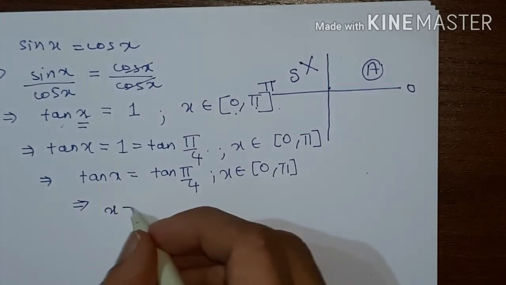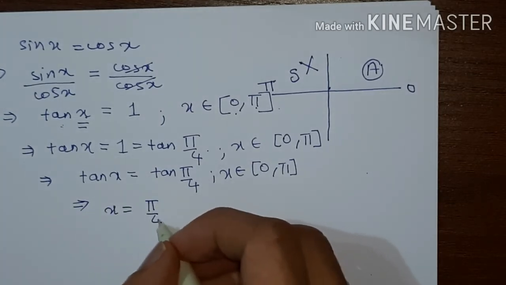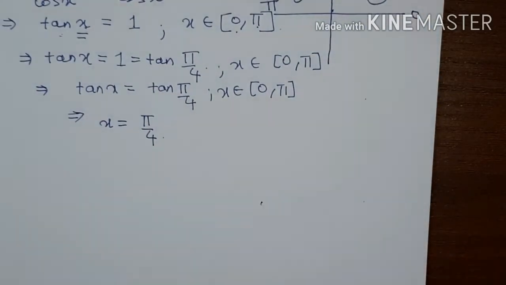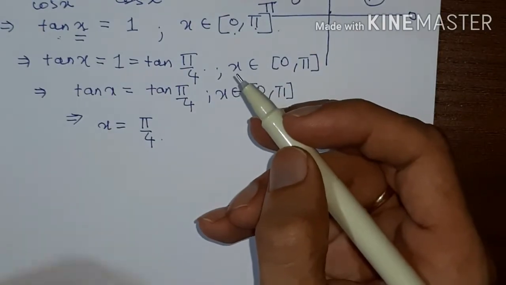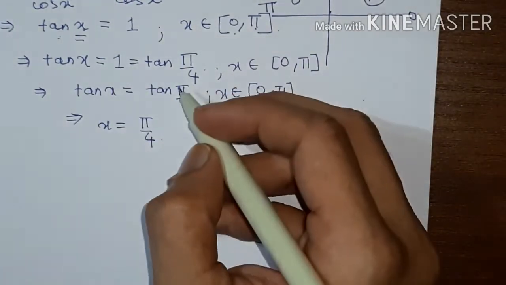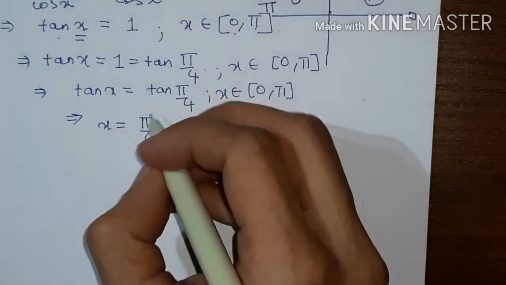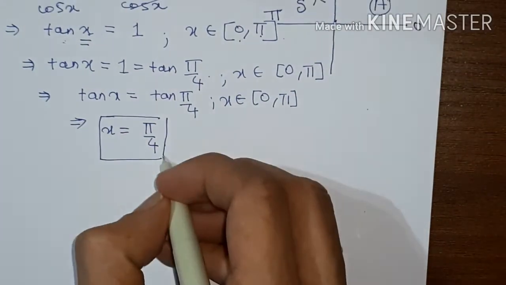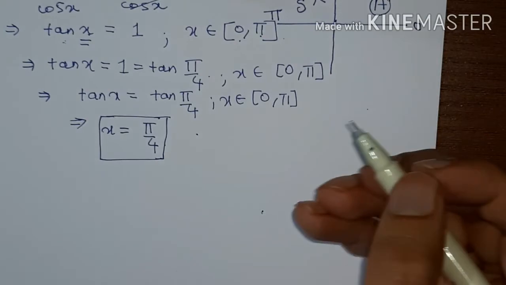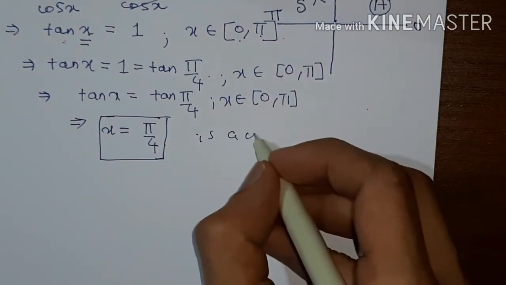So that means x is pi by 4, just by operating tan inverse on both sides, or cancelling tan on both sides. That will work here. So now what you get is x equal to pi by 4 is a critical point.